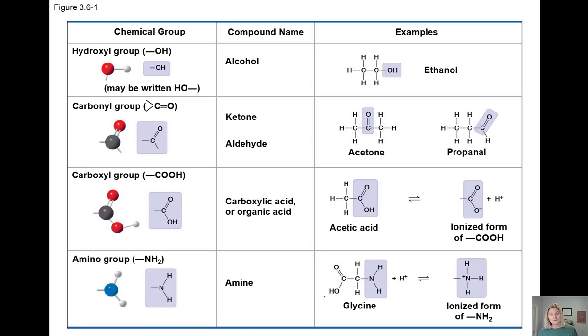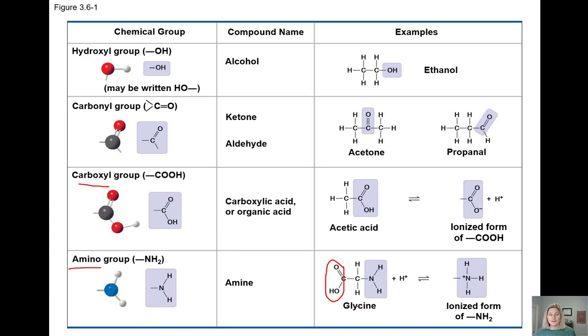And ironically, amino acids also have, what's that guy over there? A carboxyl group. That's why it's called an amino acid, because it has an amino group on one end and a carboxyl group on the other. So now you're starting to get it, right? That's why we have these names. Here is glycine.